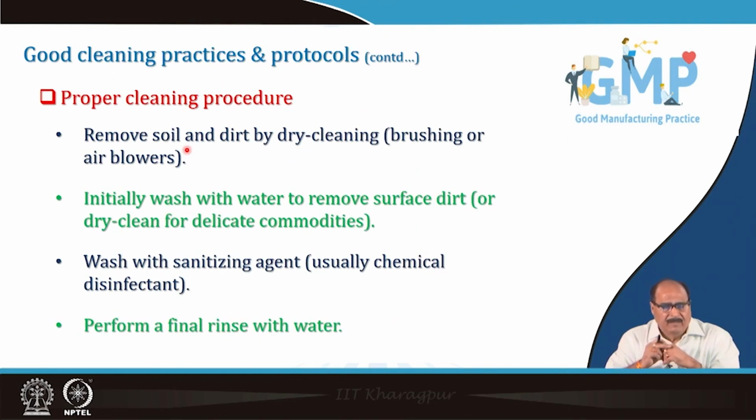Then the proper cleaning procedure, a very important step: it should be efficient and effective to remove soil and dirt by dry cleaning, brushing or air blower, whatever the case may be. Initially wash with water to remove surface dirt, or dry clean for delicate commodities, wash with a sanitizing agent, usually a chemical disinfectant, and then perform a final rinse with water.